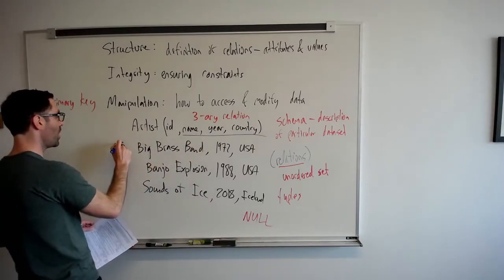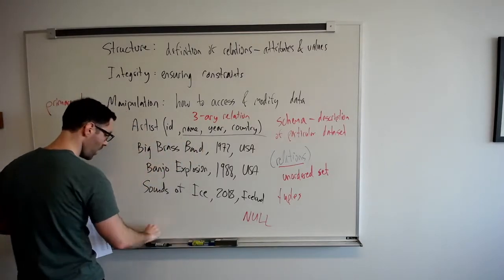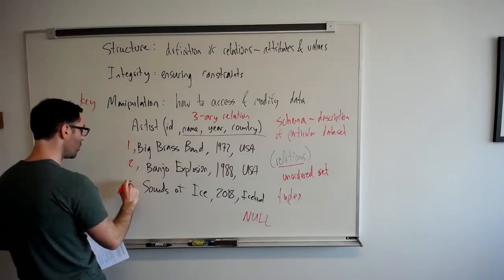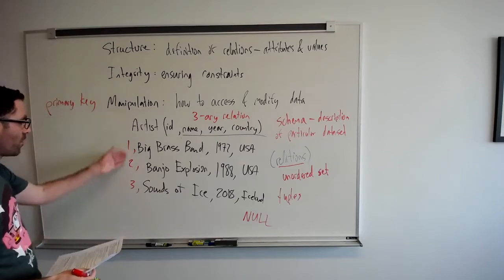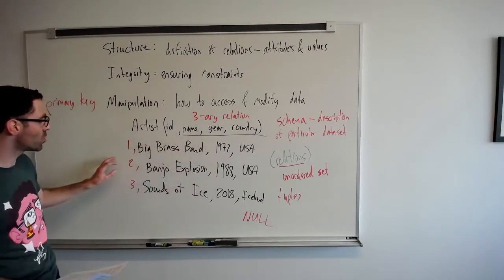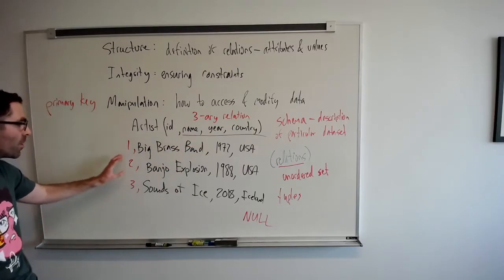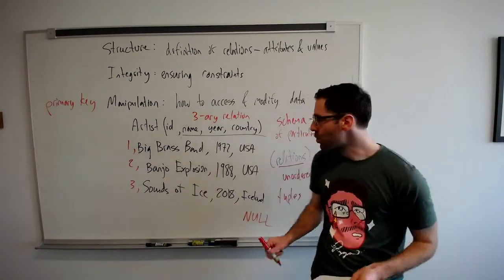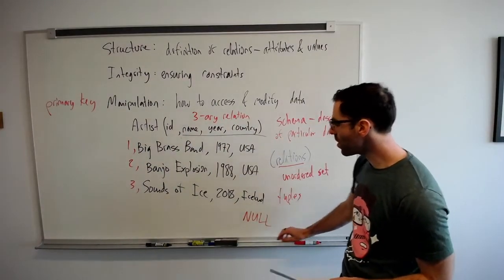So we might have an ID of 1, 2, 3 that's added to our relation in order to ensure that there is a primary key, some attribute that we can uniquely identify each tuple with.